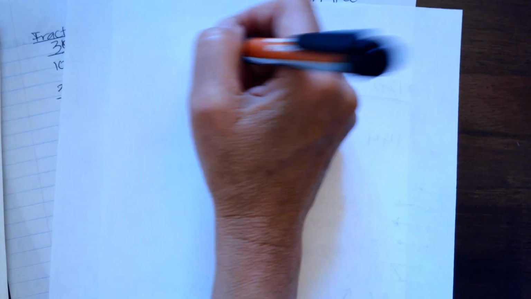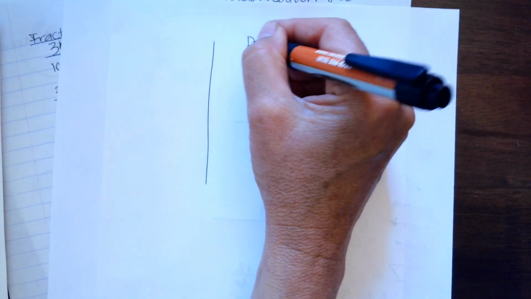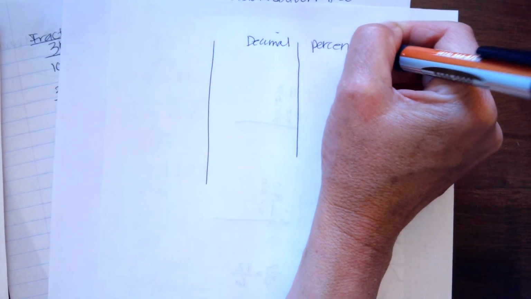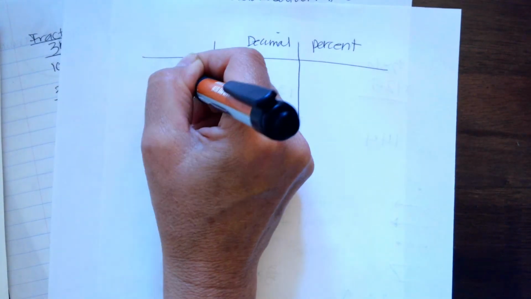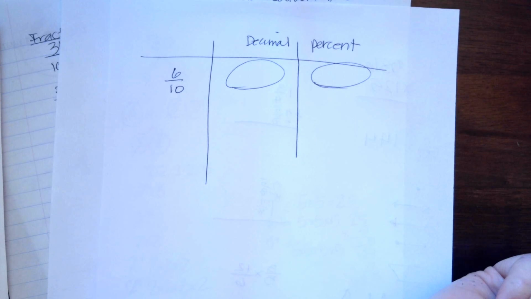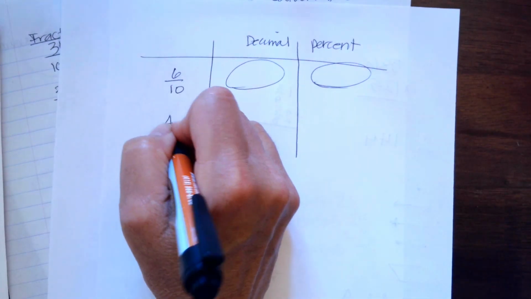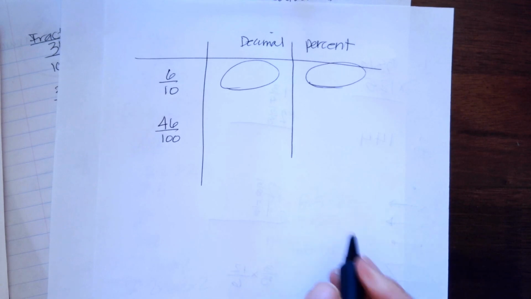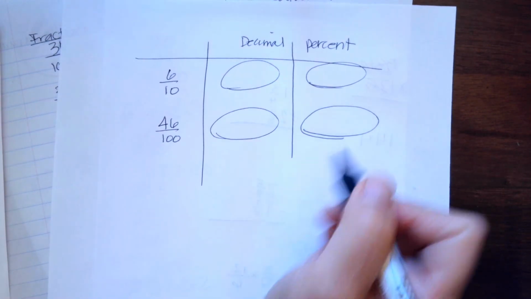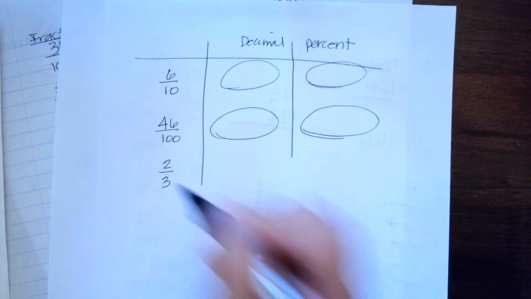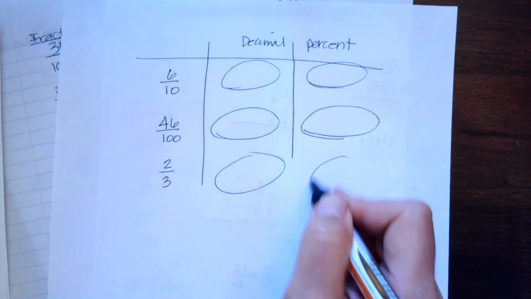And then you are going to change these into a decimal and a percent. So what would be the decimal here? What would be the percent? What would be the decimal and the percent? And what would be the decimal and the percent?